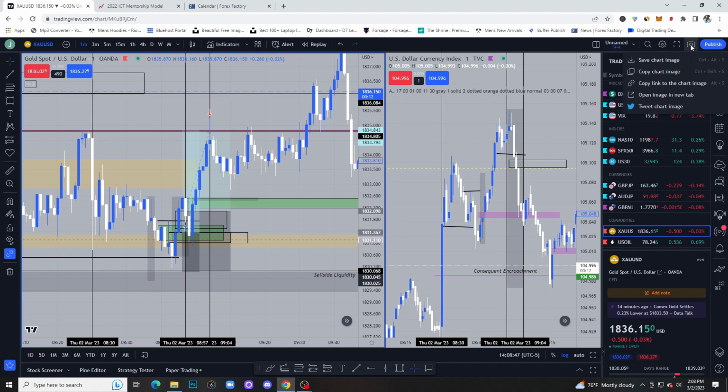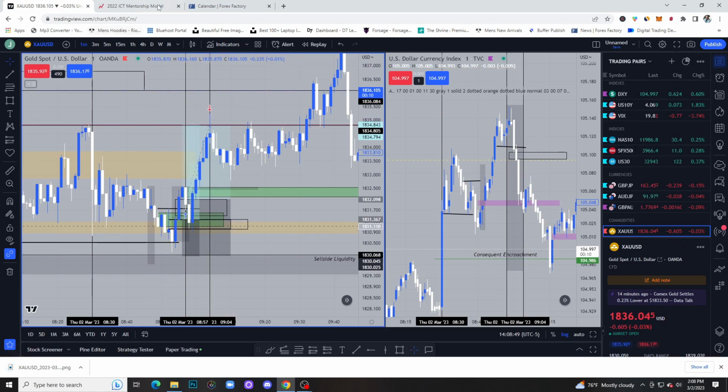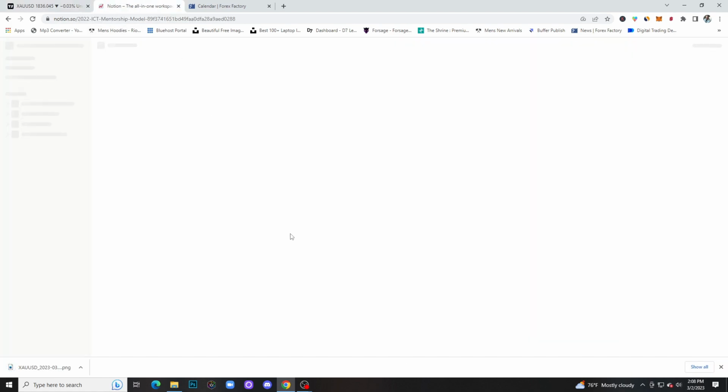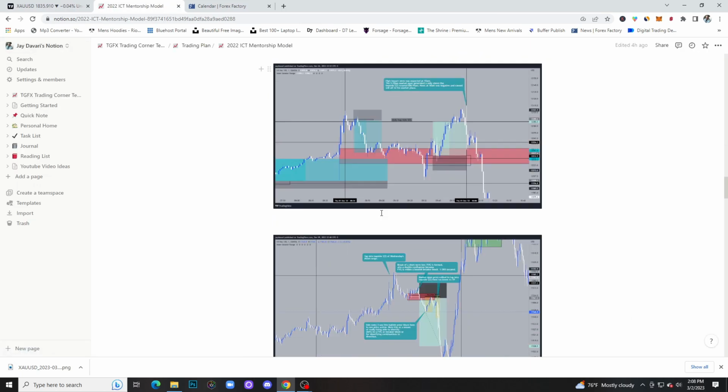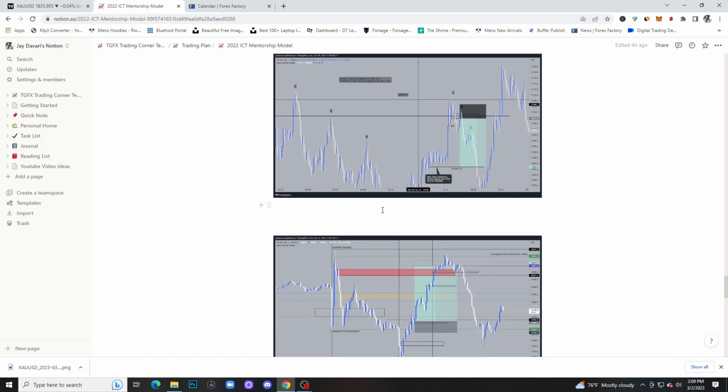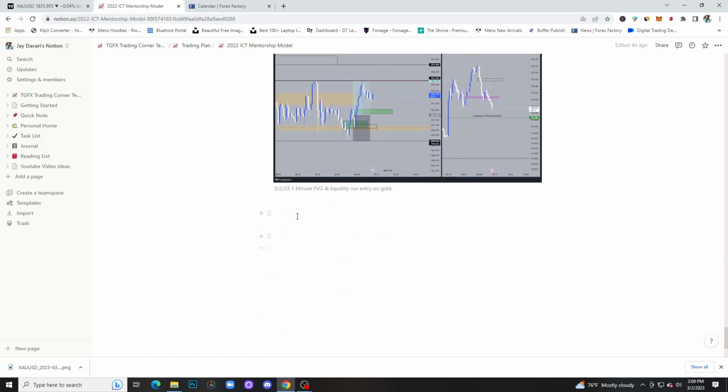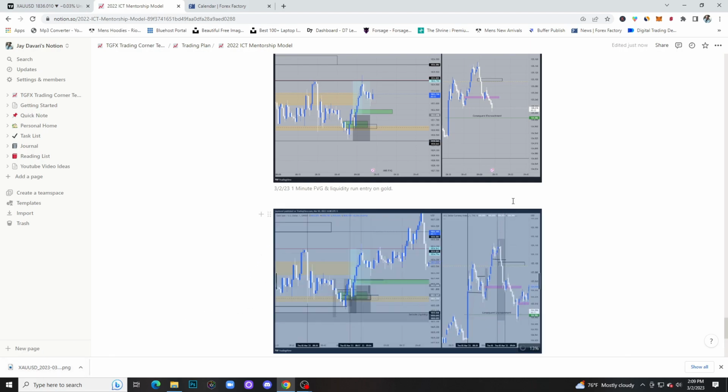As a matter of fact, I'm going to go ahead and save this chart image right here and go to my trading journal, a Notion trading journal. I'll go ahead and see all my different setups right here. Alright, so I'm going to do this, and when it loads up, now I'm going to caption it.